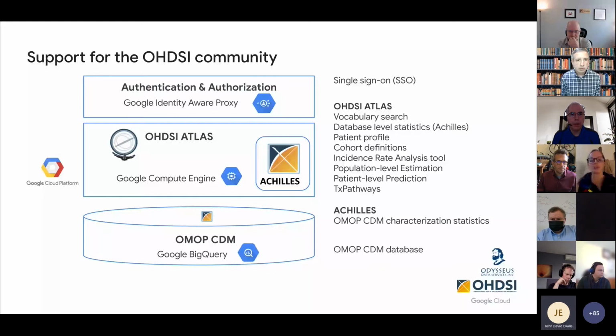Essentially, we have built an ODBC, JDBC connector between some of the tools in OHDSI, specifically Atlas and Achilles, and BigQuery, in support of OMOP on BigQuery. We do that surrounding a lot of the identity, single sign-on and security within the Google Cloud Platform environment.